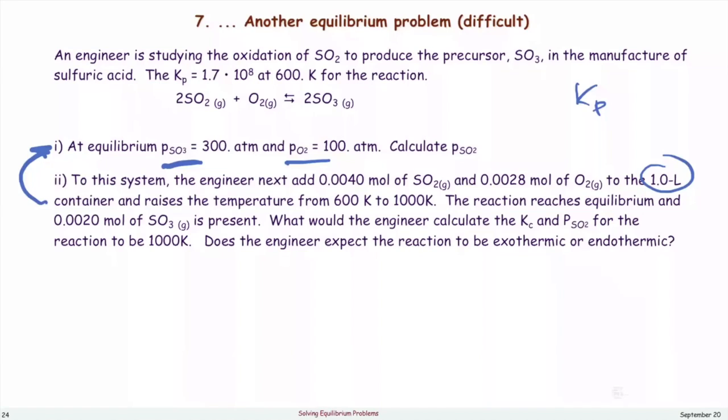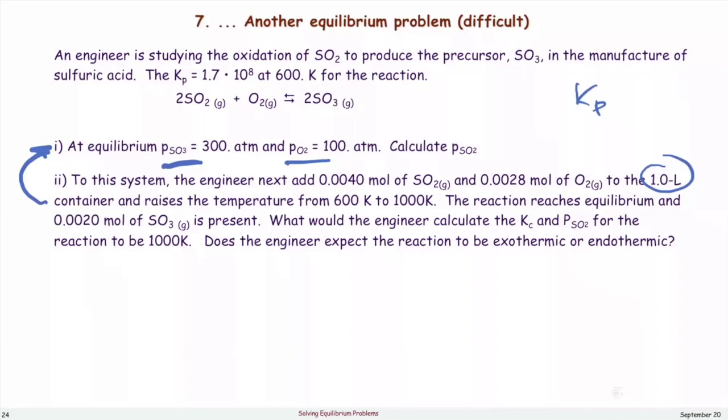So initially you're at 600, you spike up those chemicals to higher concentration, then you raise the temperature to 1000, okay? The reaction reaches equilibrium and 0.002 moles of SO3 is present. So at the 1000 degrees, you have 0.002 moles of SO3 in the 1 liter container. So it's 0.002 molar, okay?